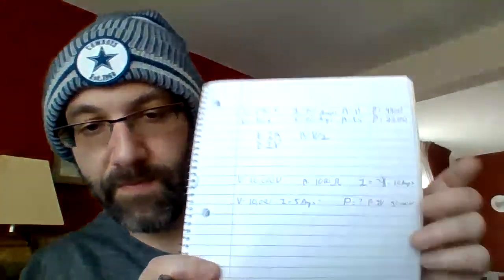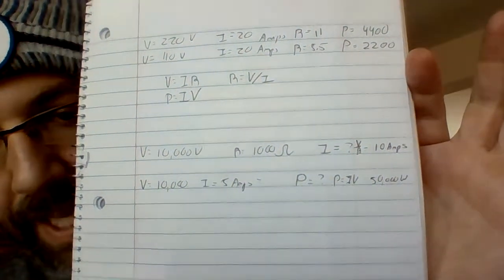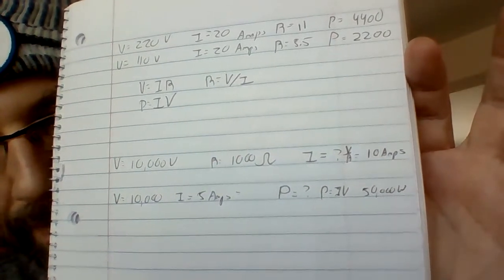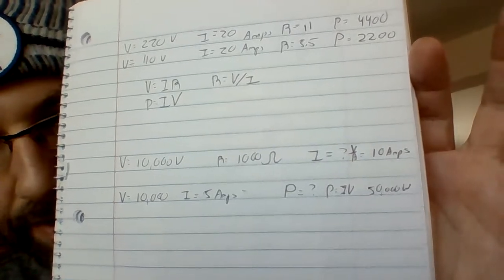That's going to give you 10 amps of current. And then for power, it's just I times V. And that's going to get you 50,000 watts. So 10 amps is the current running through the person, and 50,000 watts is the required amount of power to keep the electric fence moving.